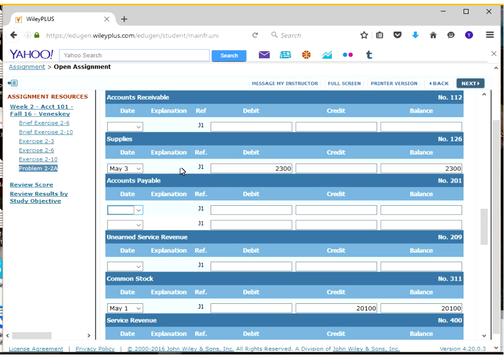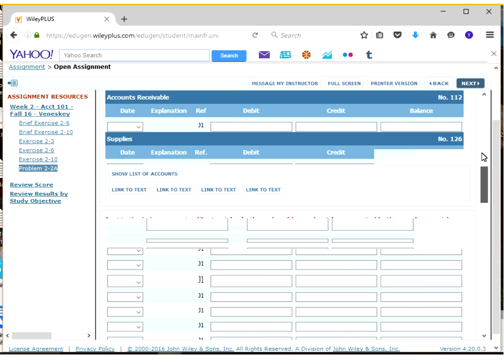So just a little FYI there, that if you have another supply account, it's not going to be right. And then my credit was to accounts payable on May 3rd, and that was $2,300 as well. And that's what its balance is. Remember, credits are a minus plus, so this is on the plus side. So my balance is a positive $2,300.